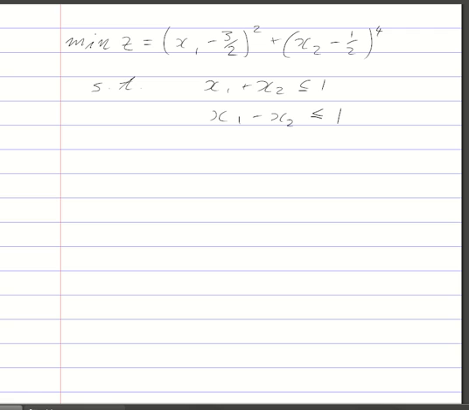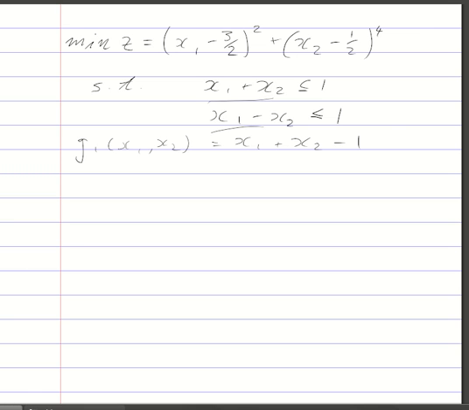Now the first thing we need to do is write these two conditions in a form which will allow us to use the KKT conditions. This means we'll get two functions, g1 of x1, x2 equal to x1 plus x2 minus 1.